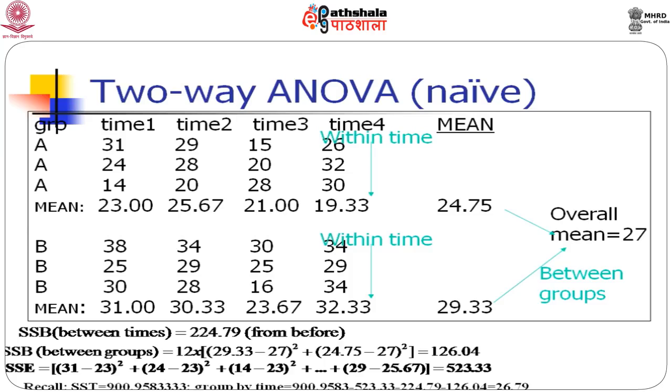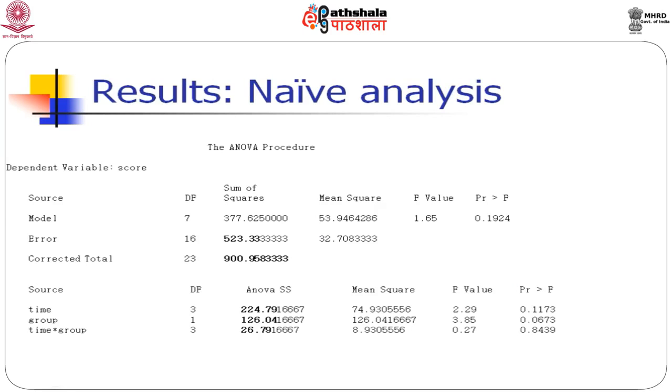I can show you the whole table once again. This is how one can get a similar table, taking into consideration the extra factors that came up: the group and the time cross group interaction. The degrees of freedom have been broken up, like these 7 degrees of freedom broken up as 3, 1, 3.